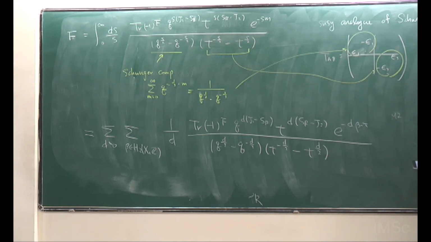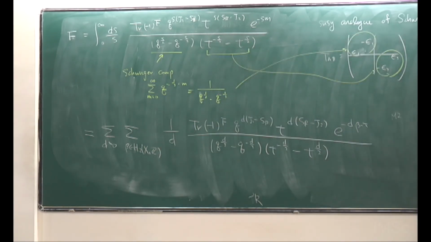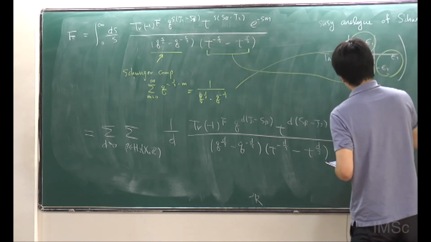So beta is a 2 cycle of the Calabi-Yau, which this holomorphic cycle the M2 brane wraps. And tau is a Kähler parameter. This is a Kähler parameter.